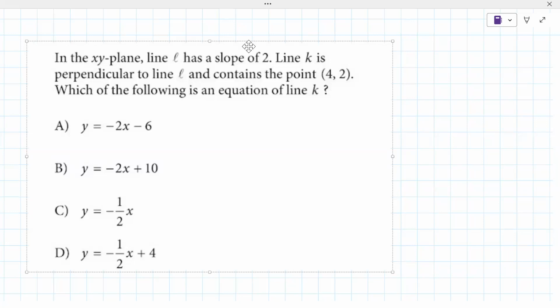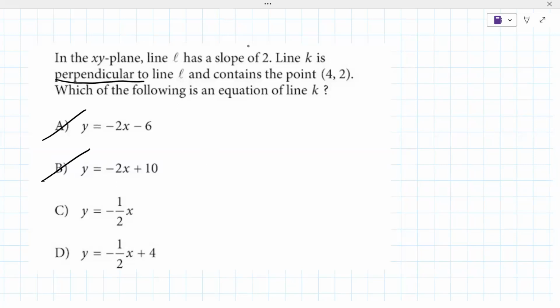Is it C? All right. So it says that line K is perpendicular. So it's definitely C or D. Does it contain this point? That's the question. And it's either like, yeah, it works or no, it doesn't work. So do you want to try that point? See if it works or doesn't? Yes.